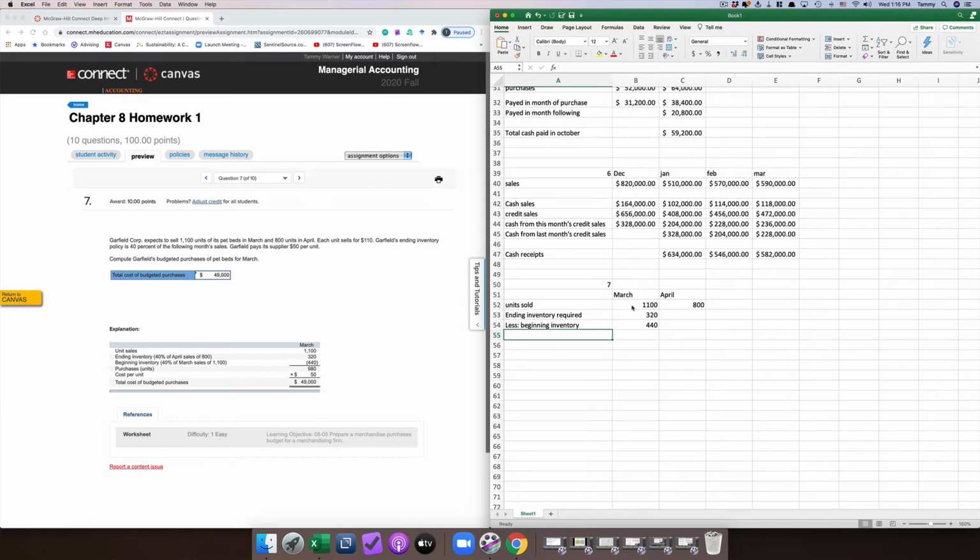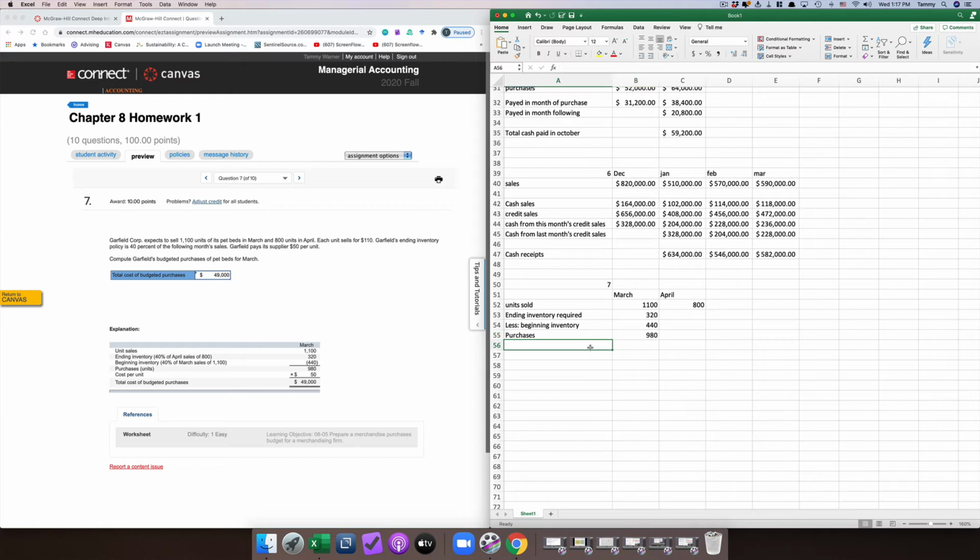So that means we need to purchase what we are going to sell plus what we need to have on hand for next month, but then we don't have to purchase the stuff that we already had on hand, so we can subtract the beginning inventory. That's going to be 980.